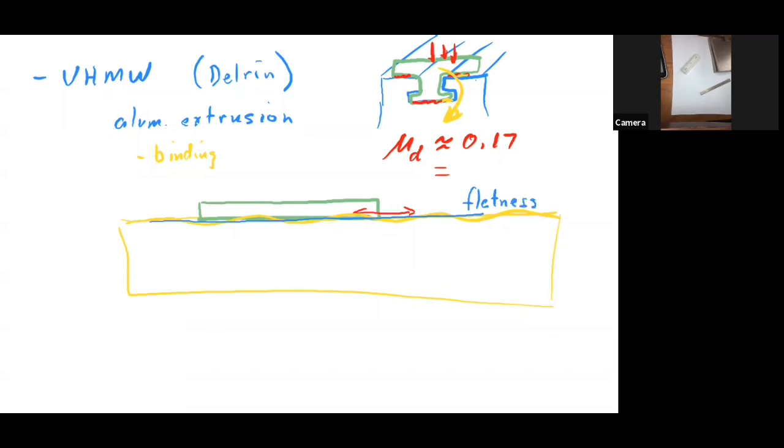And when you go to try and find the flatness spec for the aluminum extrusion from Bosch, you look and you look and you look, and it doesn't list a flatness spec. It doesn't list anything related to flatness. And that's always a big clue, when you don't see a spec that you're really after, that you're using it wrong.